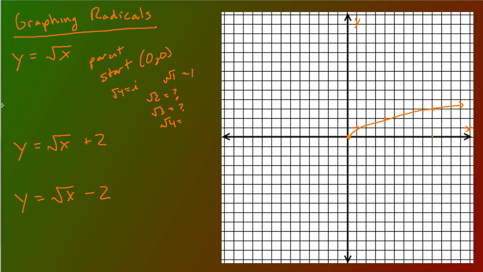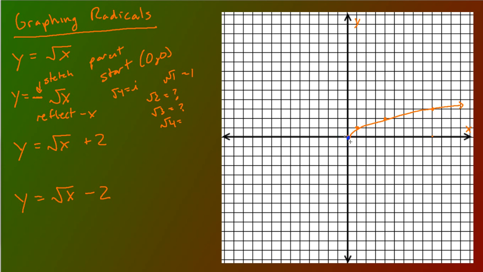So let's suppose for a second that I did y equals negative square root of x. Well, now this is my stretch, and my stretch is a -1, which actually ends up being a reflection over x. So if I were to reflect these, I'll do this in blue.